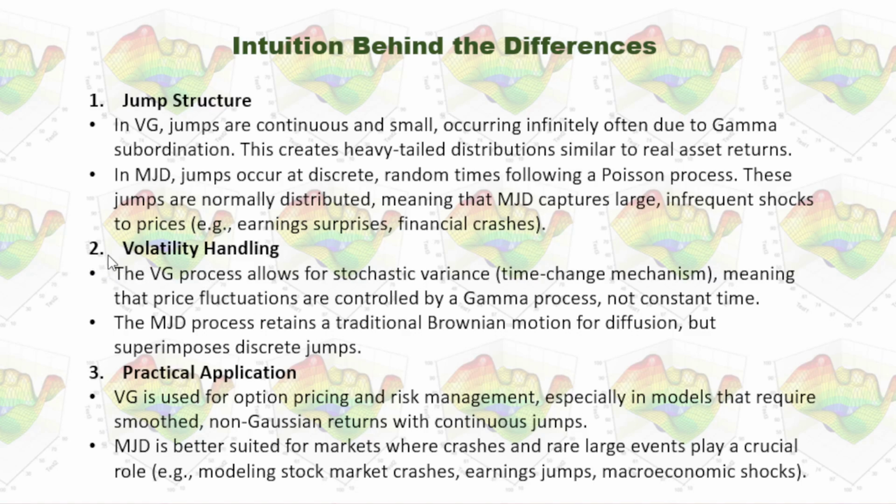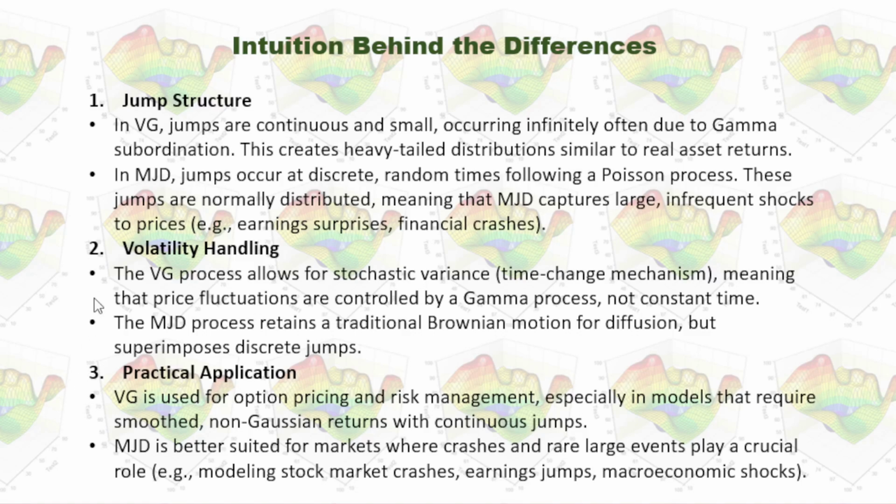Second item, let's take a look at the volatility handling. The Variance Gamma process allows for stochastic variance, meaning that the price fluctuations are controlled by a gamma process, not constant time. The Merton Jump-Diffusion process retains a traditional Brownian motion for diffusion, but superimposes discrete jumps.